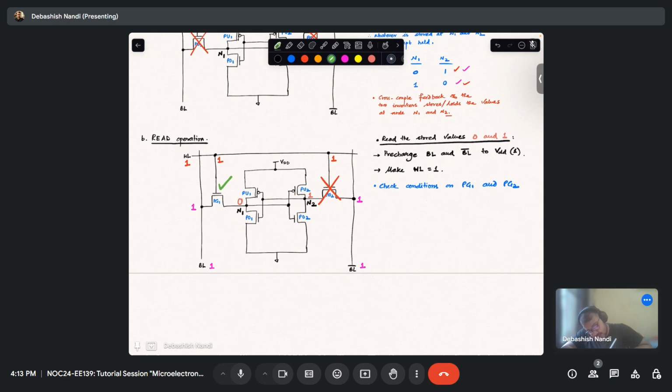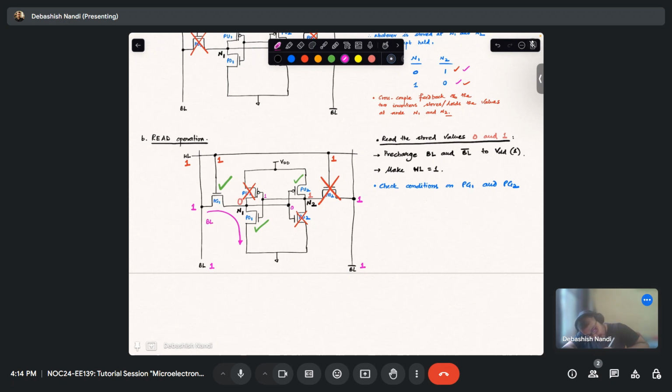So this one is 1, right? So similarly, let's say this is 1 and this is 0. So this is 1 means this is off, and this is 0 means this is off, and let's say this is on and this is on. Okay. So what is happening basically? You have a discharge path of the BL.